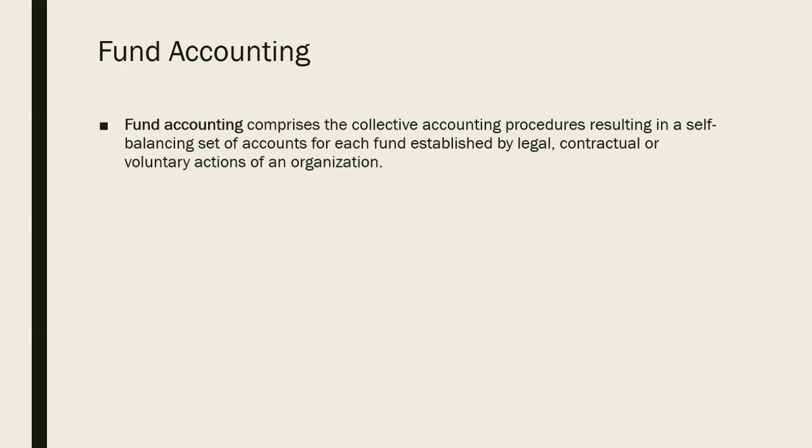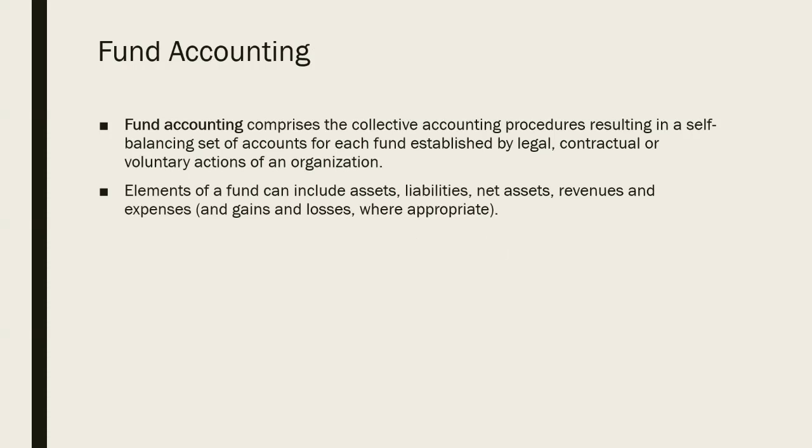Now, the fund can include assets, liabilities. The difference of assets and liabilities is net assets, revenues, and expenses. And wherever appropriate, they could also have gains and losses. So essentially, fund accounting represents a complete set of books. So maintaining a separate set of books is basically what fund accounting relates to.